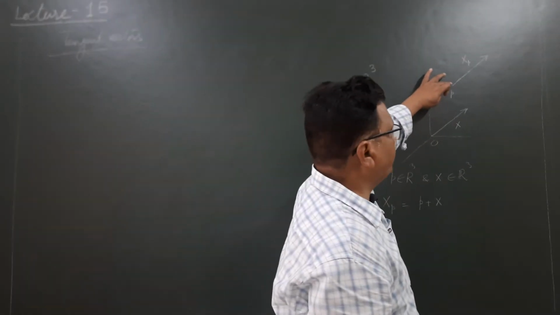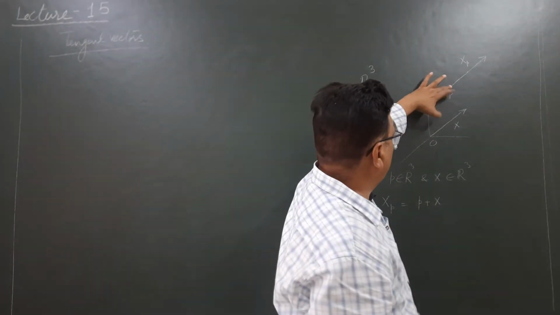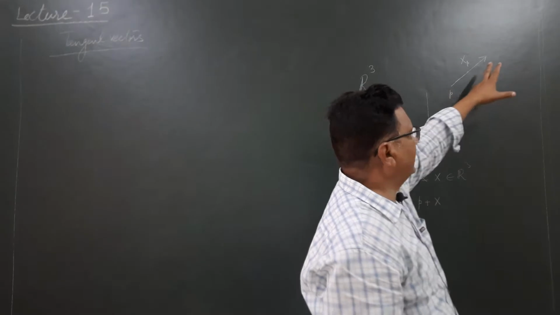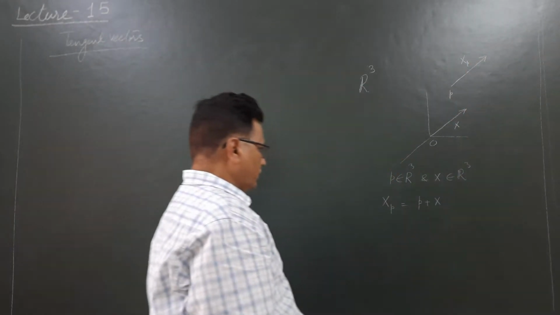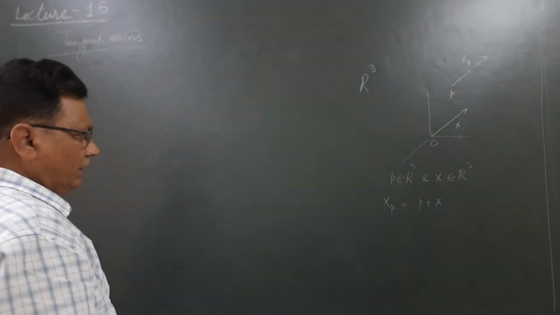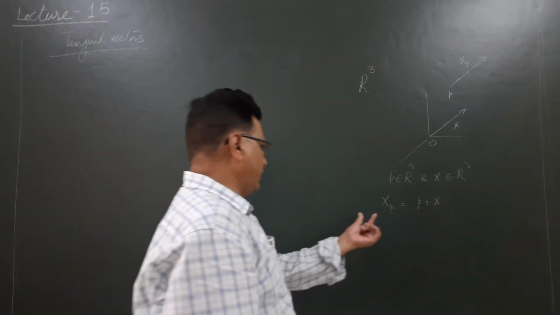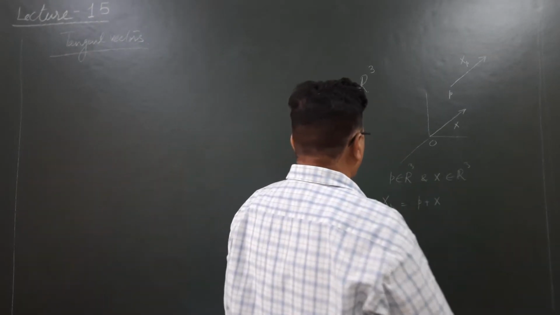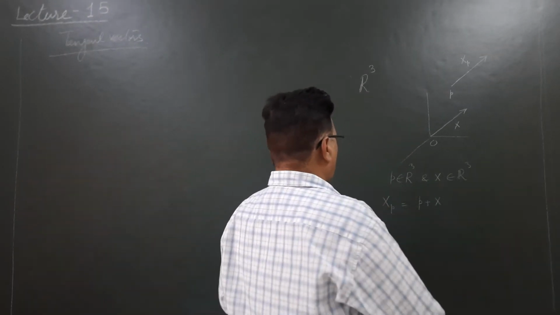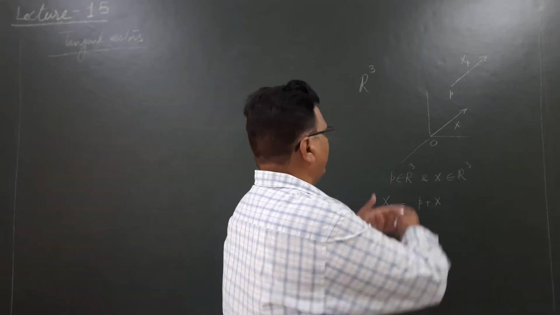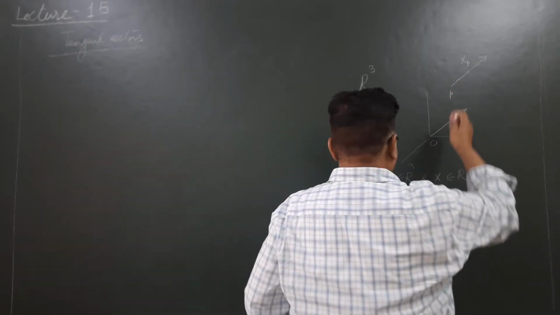Because you can regard P also as a vector. If you add these two vectors, you will be getting this. So, P plus x will be the vector xp. All right. Now, one can see we can in fact define all vectors at the point P.